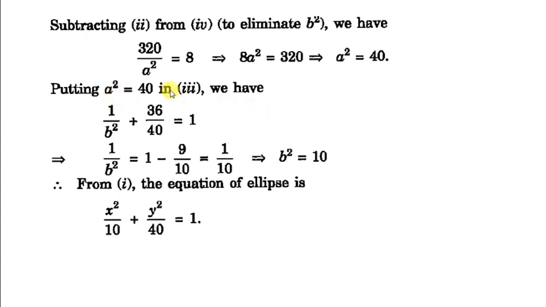Then we are putting it in the third, so we get 1 upon b square plus 36 by 40 equal to 1. So from here we get b square equal to 10. Then put the values in the standard form we have taken. So x square upon b square, that is 10, plus y square upon a square, a square is 40, equal to 1 is the equation of the ellipse.